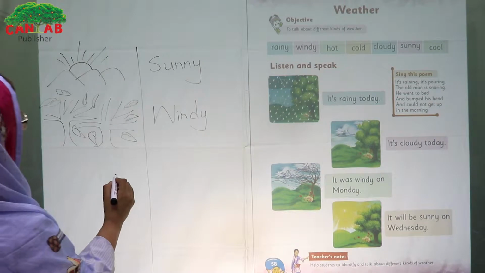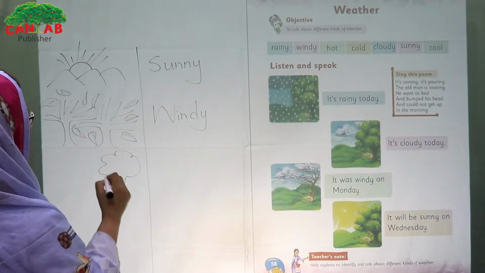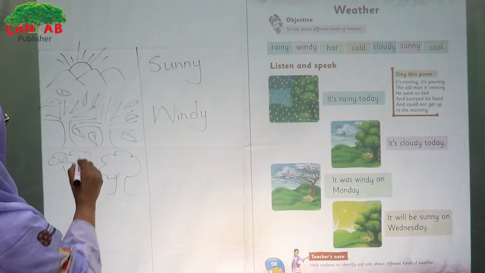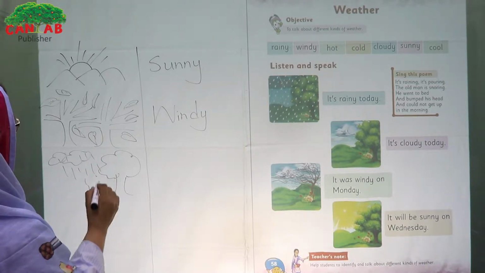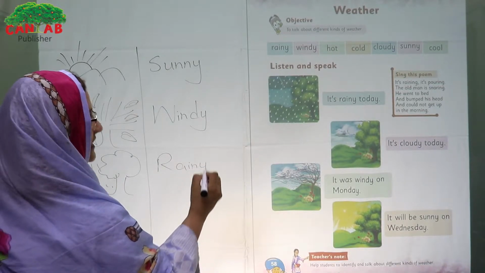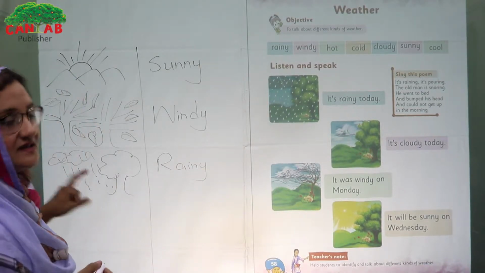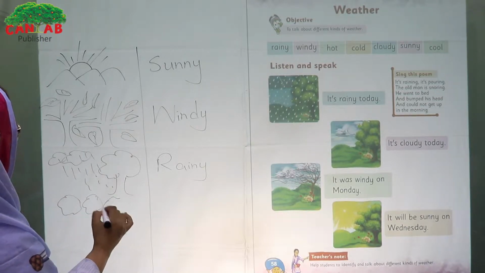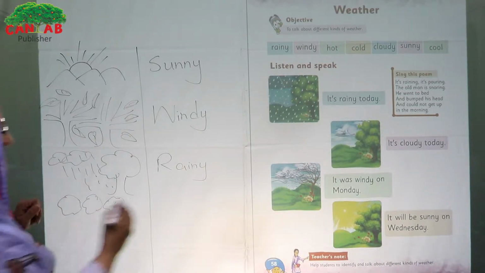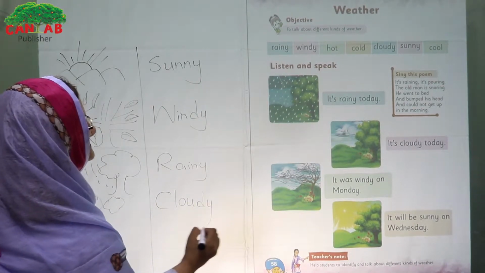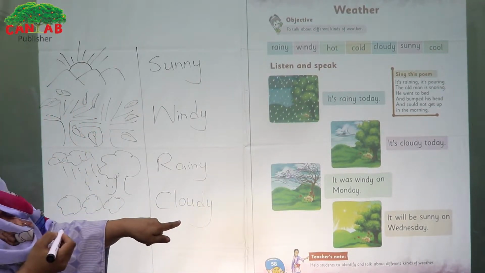Now look here. I have drawn another tree and clouds, but what is this? Yes, a rainy day. And now look here. Simple clouds. It means a cloudy day. It's a cloudy day.